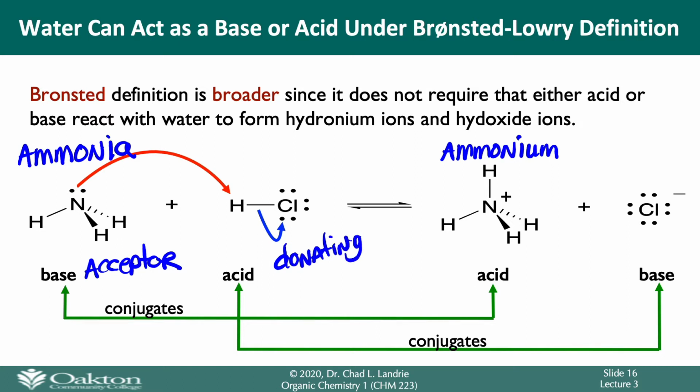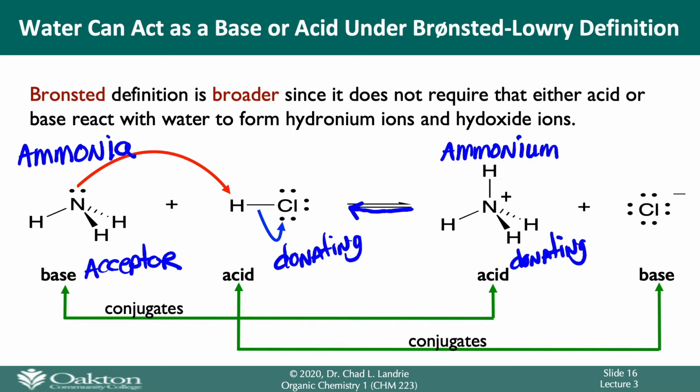So the point here is we don't need water to define whether these reactants are acids or bases. Now, if we look at the products, we can also call those acids and bases by considering the reverse reaction from right to left in this equilibrium. We see that the ammonium ion is donating a proton to chloride, and if it's donating a proton, that makes it an acid.